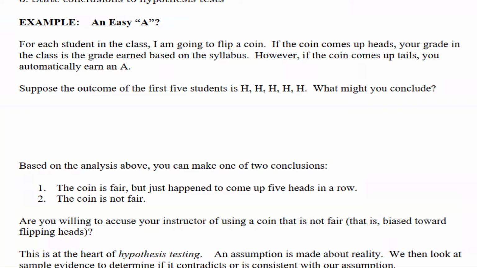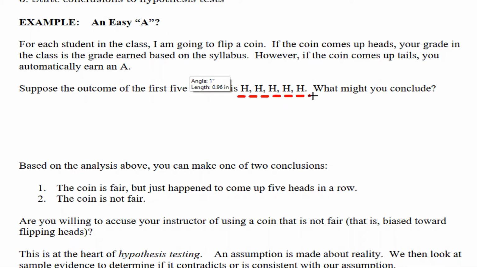Okay, and so I'm going to bring in some formal language here. Well, I'm not even going to have to bring in formal language. I'm just going to say that when somebody brings a coin to a game, you would assume that the coin is what we call fair, meaning half the time you're going to get heads and half of the time you're going to get tails.